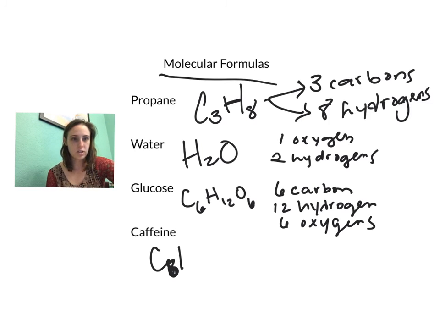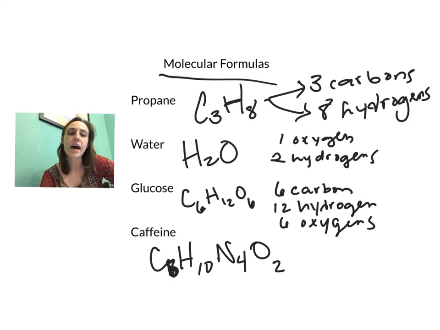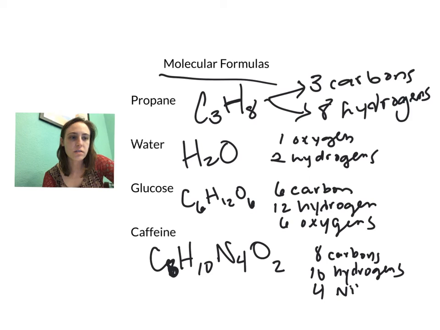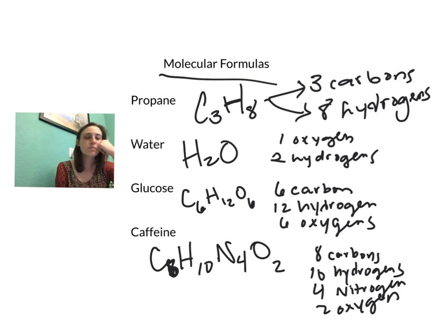C8H10N4O2. So that is the molecular formula for caffeine. It would be 8 carbons, 10 hydrogens, 4 nitrogens, and 2 oxygens. Okay, so that's how you read and decode those.